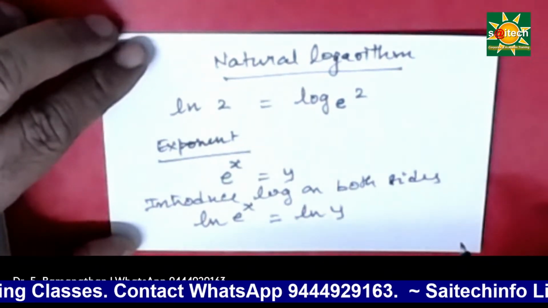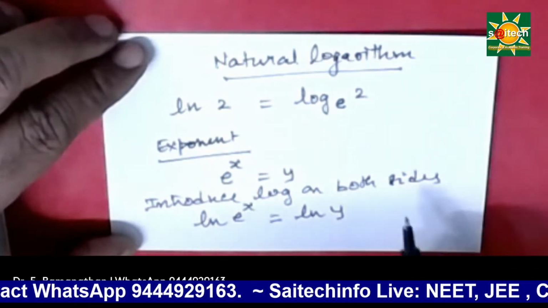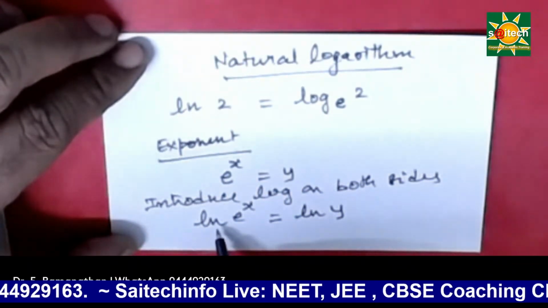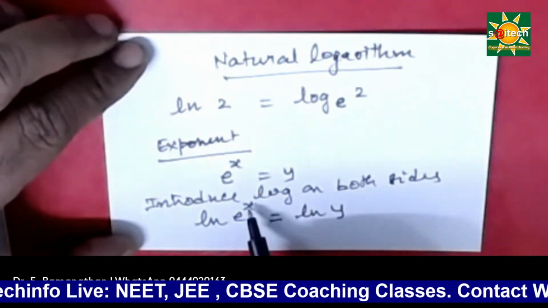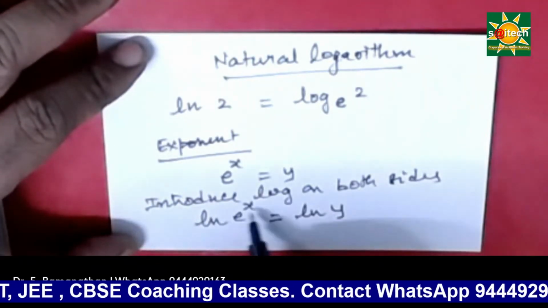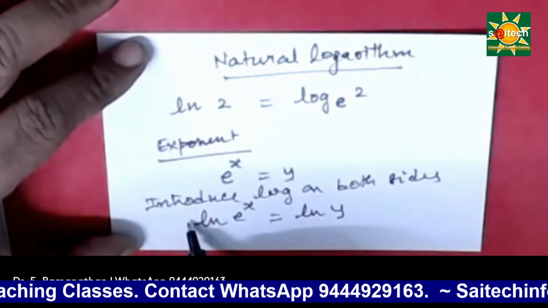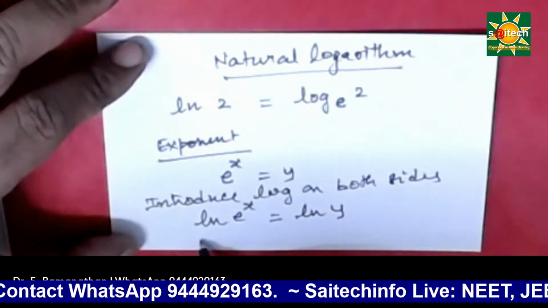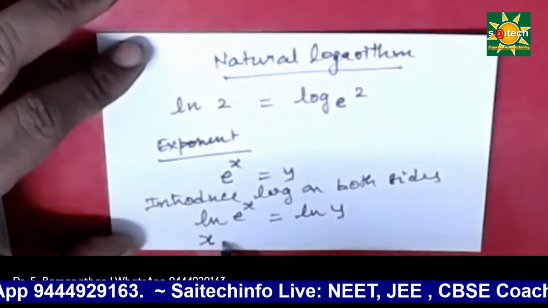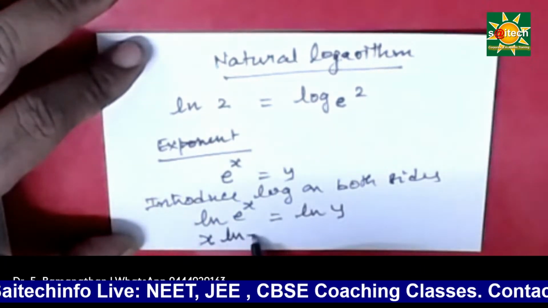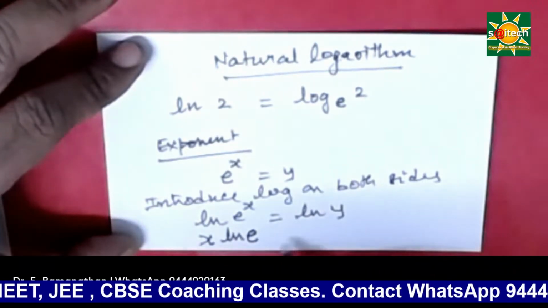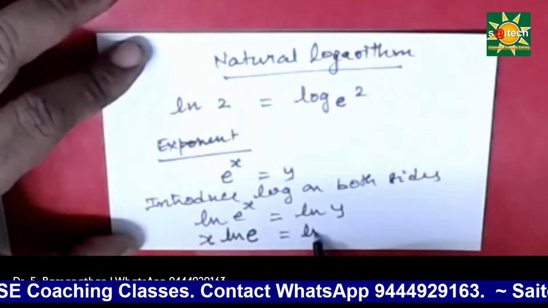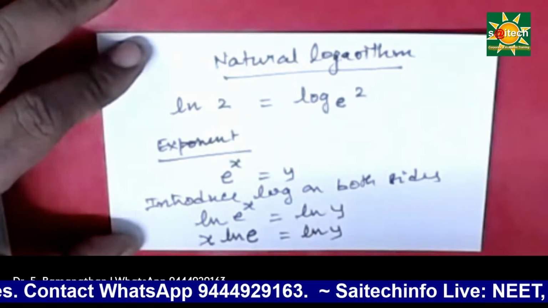Are you able to follow this? Okay. And the natural log of exponential term, there is a rule called power rule. So you can bring this x to the coefficient. So it becomes x into natural log of e, that is equal to log of y.